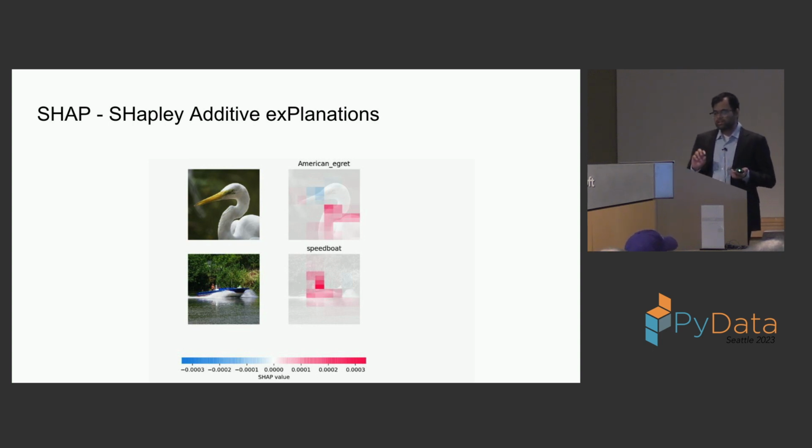Now you can clearly see that the model is focusing on the neck part of the American egret. And similarly for a speedboat, it's clearly at the point where you have the speedboat. That means the model is trained really well, right?